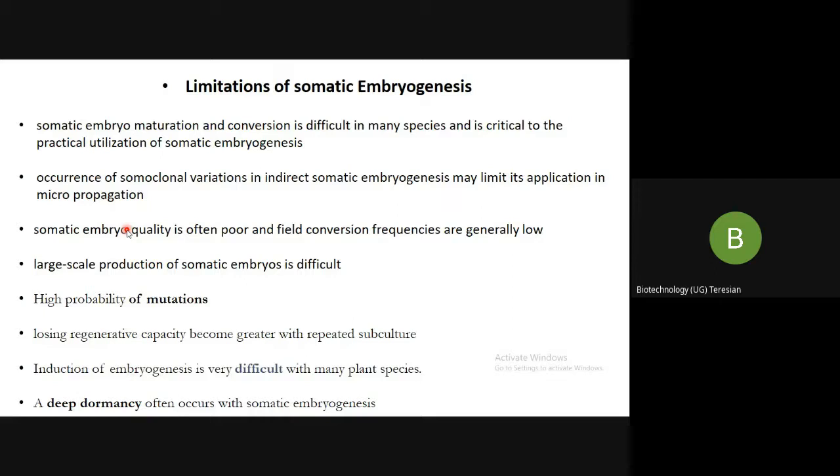So the frequency you are developing is low. Large scale production of somatic embryos is a difficult process. So we cannot simply go for mutation. Mutation is suitable for cloning but not good for some variation. Okay.